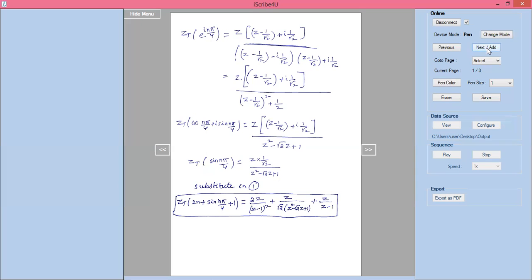Simplification is this one. Right. Next problem.